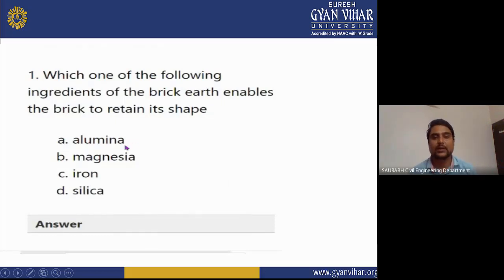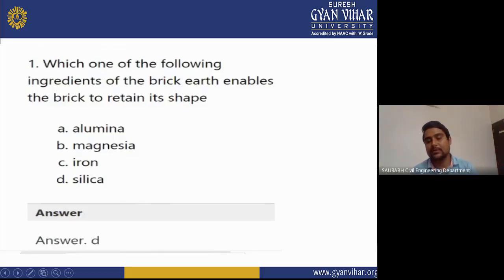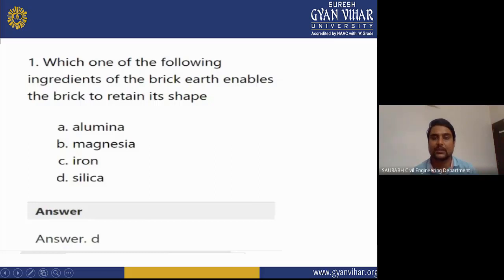The options given are alumina, magnesia, iron, silica, and here you can see your right answer will be D. We know that silica enables the brick to retain its shape. That's why silica will be your right answer, and the right answer is D.